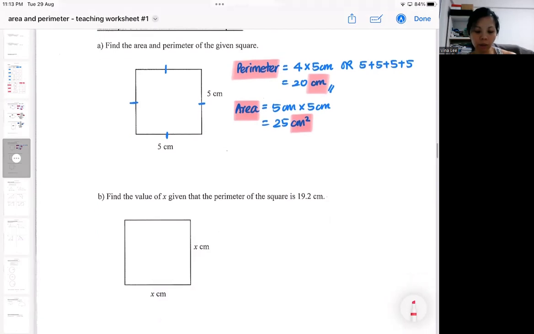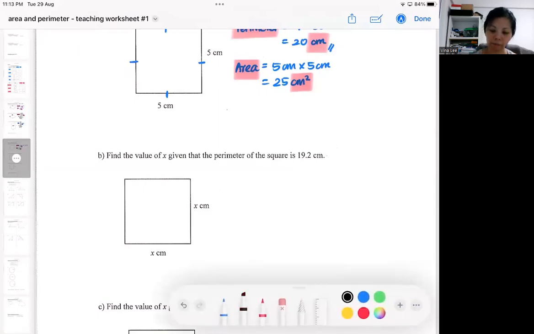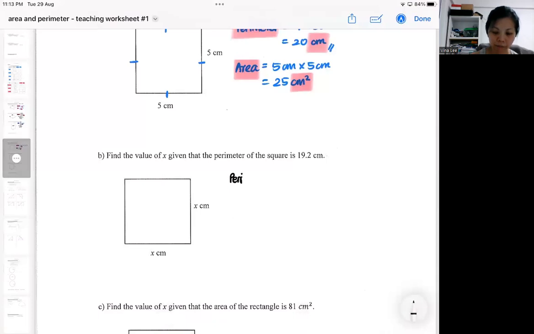So subsequently here, again, you're supposed to solve for x and you are given the perimeter. So again, what I'm going to do is I'm going to do my perimeter, label, perimeter will be 4 times x centimeter. Or you can do x plus x plus x plus x.